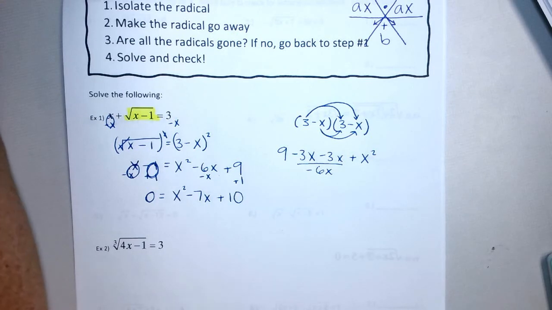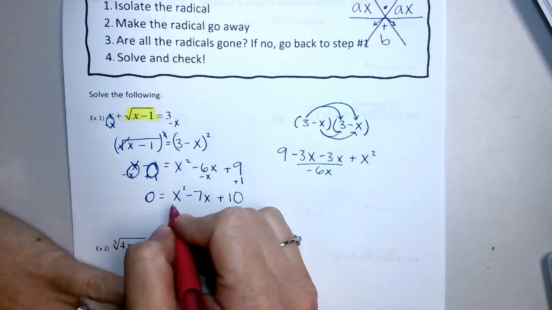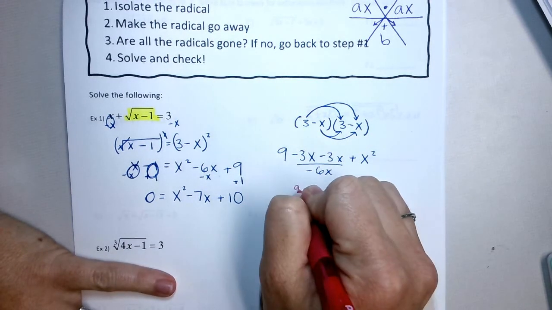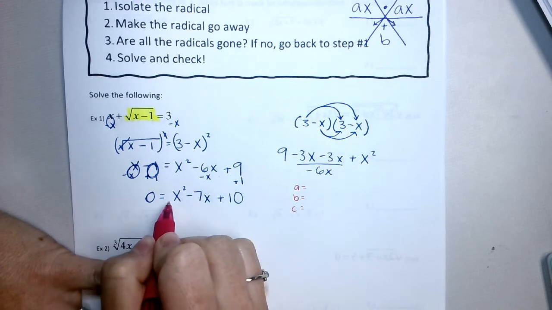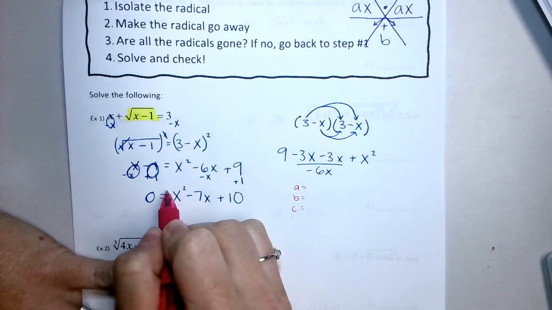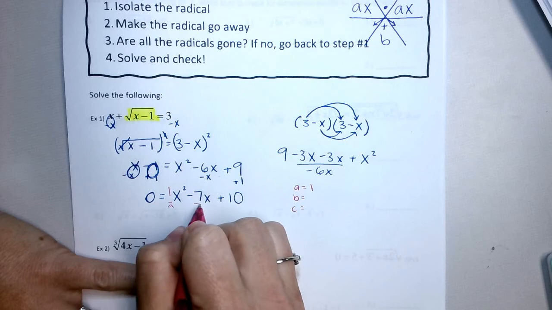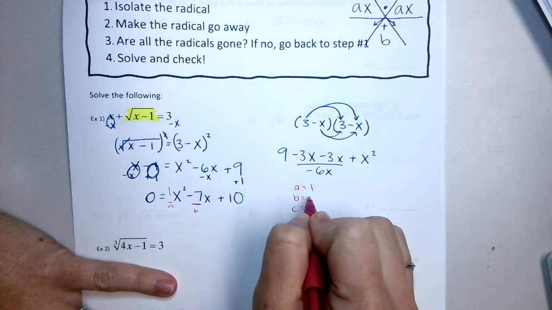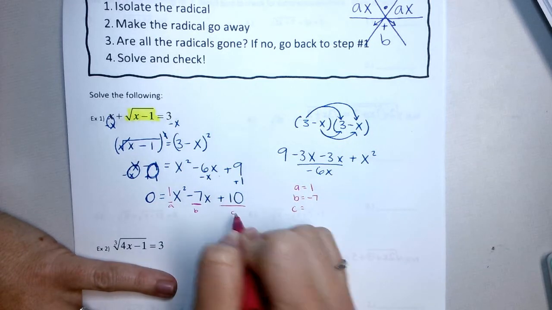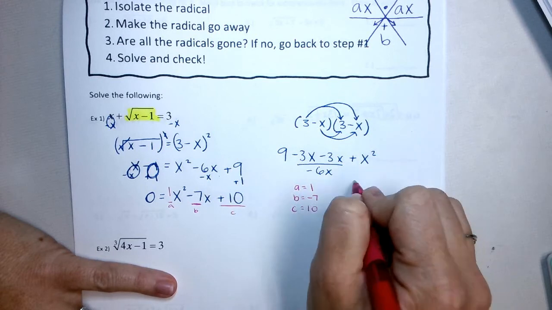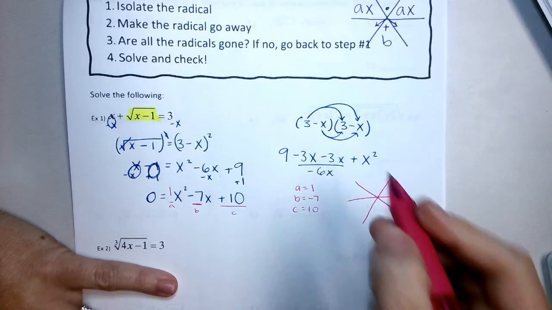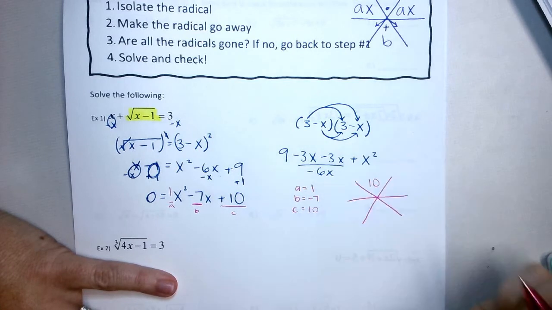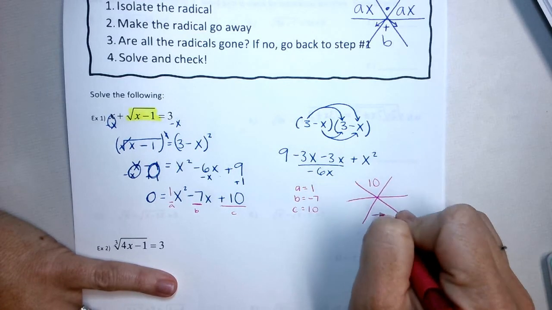It was just simpler. Okay, so I need to factor this now. So I have a, b, and c. What does a equal? 1. What's b equal? And what does c equal? So we talked about how a times c goes on top, so 1 times 10 is 10, and b is negative 7.